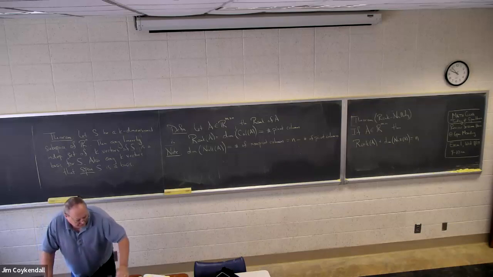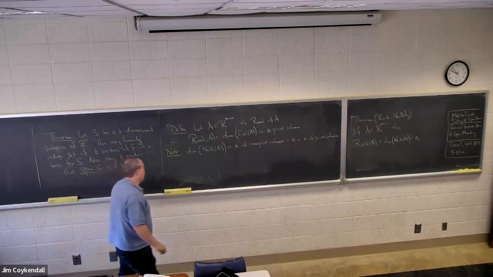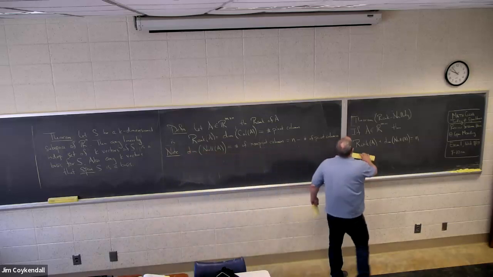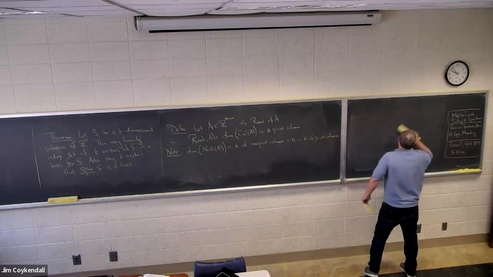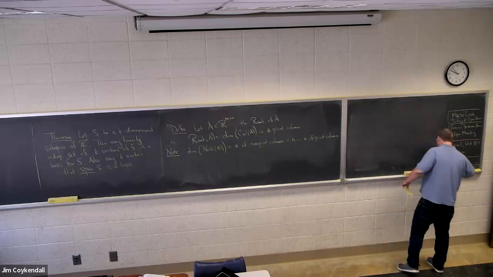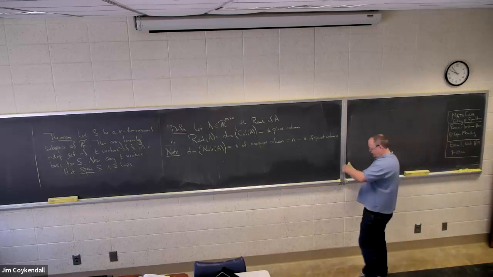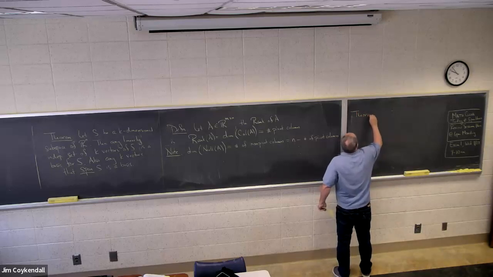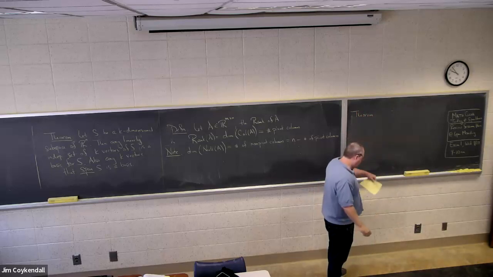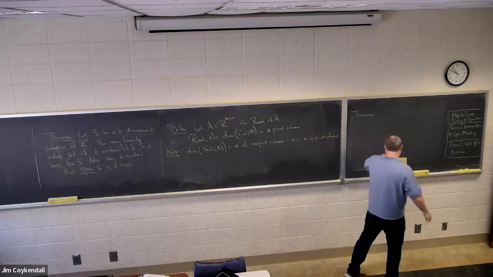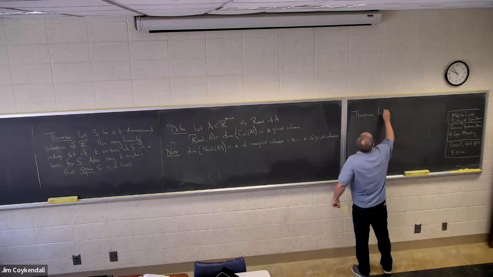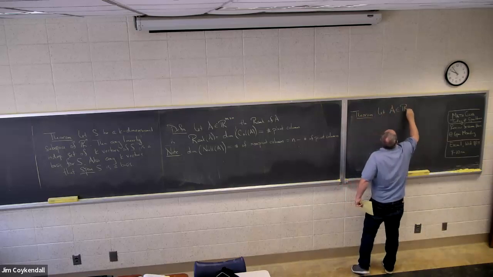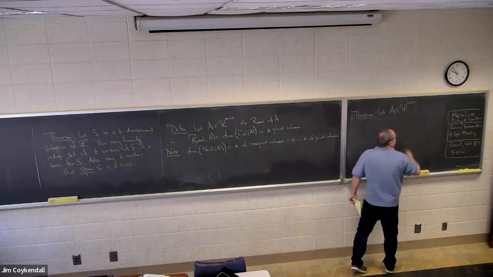I'm going to give you one last thing before you go, and this is really a theorem that ties everything together and connects with what we had before. There's really nothing new here, but this is good for your notes. Theorem: these are more equivalent conditions for a matrix to be invertible. Let A be n by n.